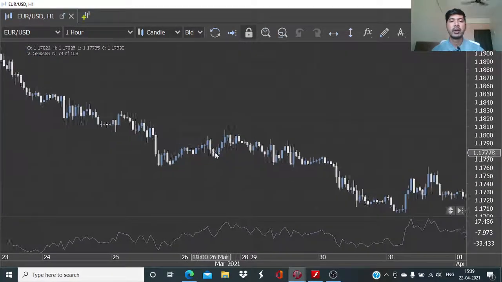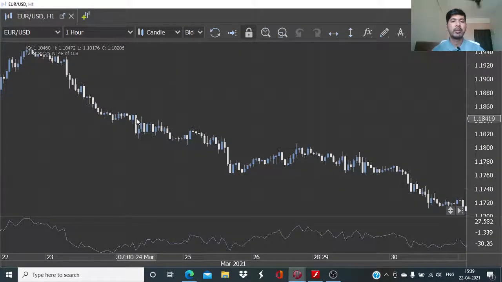After that we also have to make sure there is enough price volatility. For that, the closing value of the last hour should be at least more than 20 pips below the highest value of the last 4 hours. So that calculation we are also going to carry out, and this condition is going to ensure that there is enough price momentum and we are not going for the trade when the instrument is sideways and trading in a narrow range.